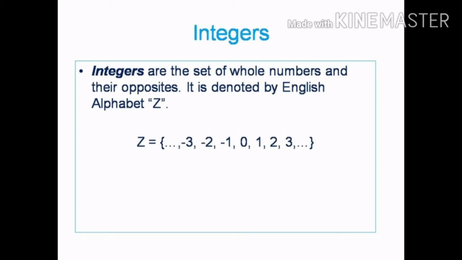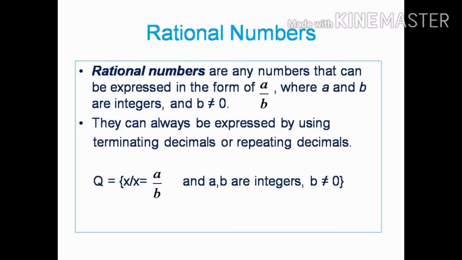And the next one is the rational number set. Rational numbers are denoted with the capital Q and these numbers are in the form of A by B, where A and B are integers and B should not be equal to 0, because if B, the denominator, is 0, we cannot define that value.